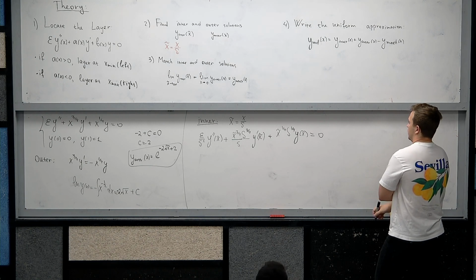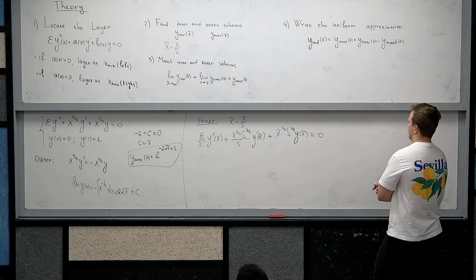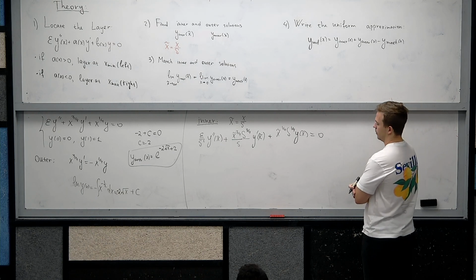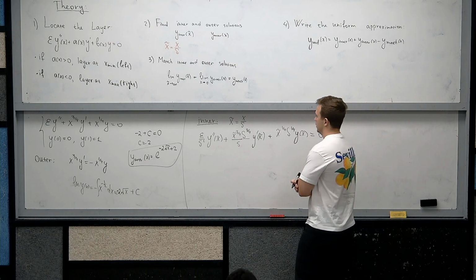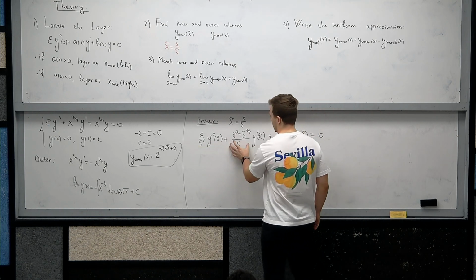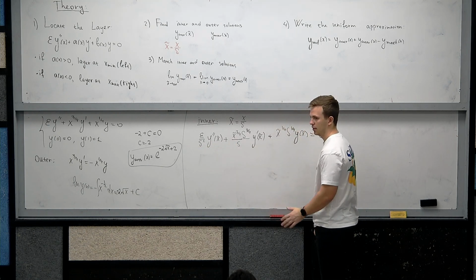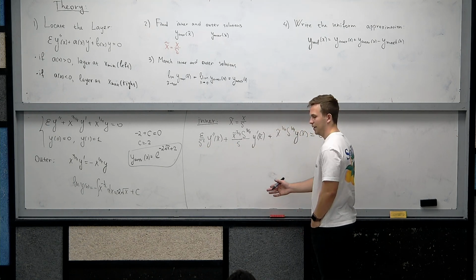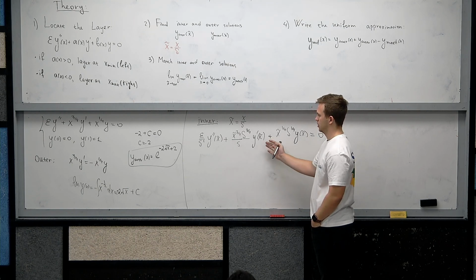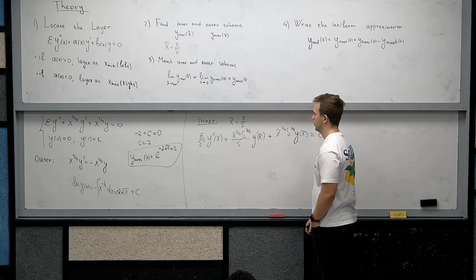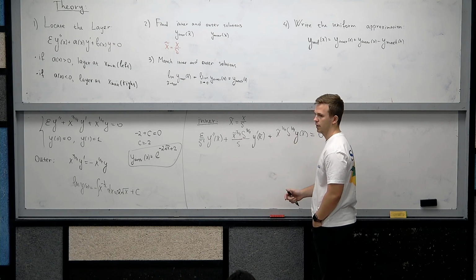Now we need to find the proper scaling. We will do it with dominant balance. We just choose two coefficients and say that they behave the same, and after we find the scaling, we need to check if our assumption was correct or not.